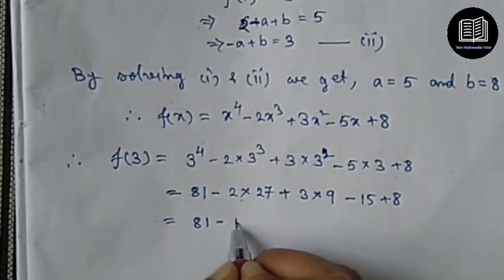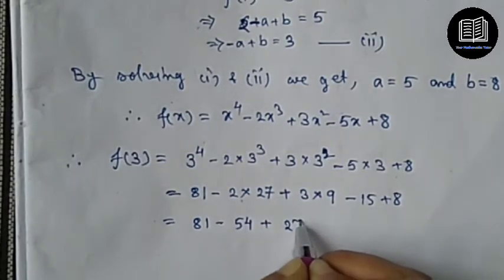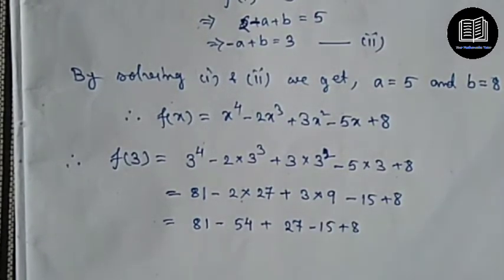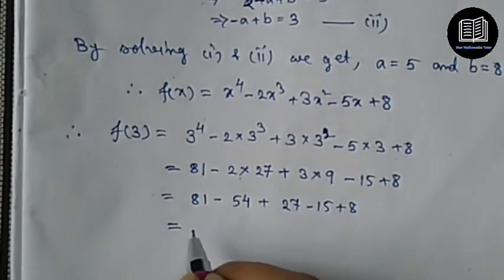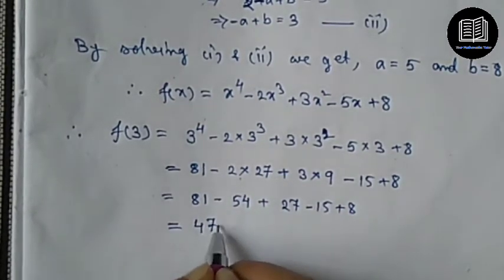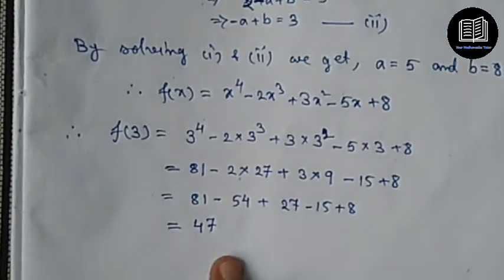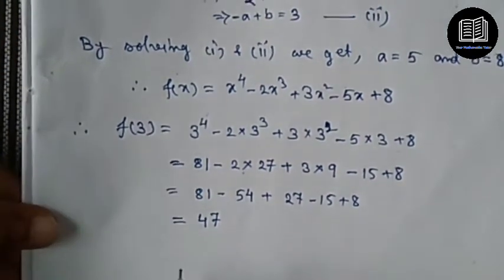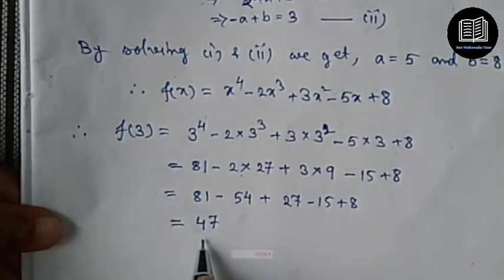That is 81 minus 54 plus 27 minus 15 plus 8. By adding and subtracting, we get the value as 47. So here is our required remainder. f of 3 is 47.